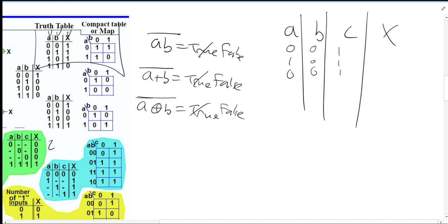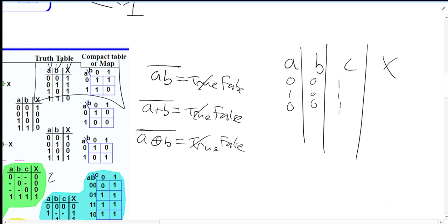Alright. And let's say the logical operator is AND. A and B and C. Well, what we do know about this is that all of them must be 1 for X to be 1. So the only one that will be true is this one, and these ones will be false. Here is your truth table for these.